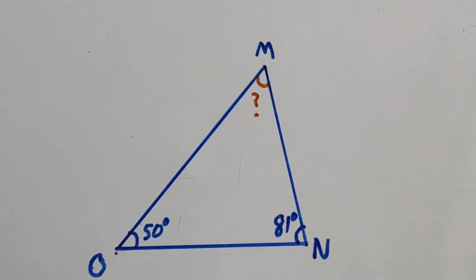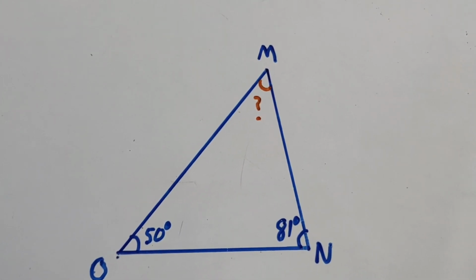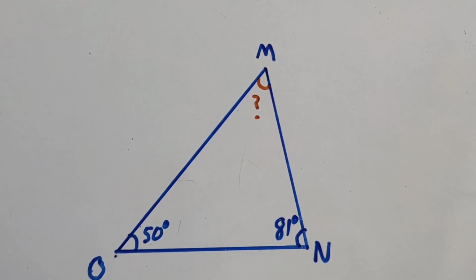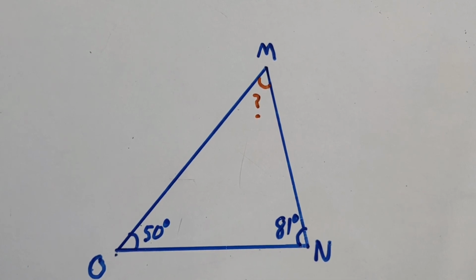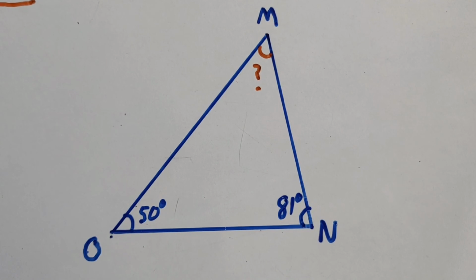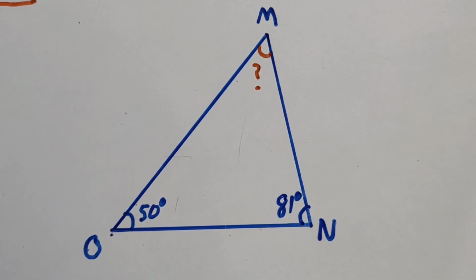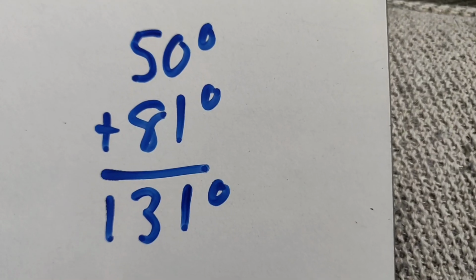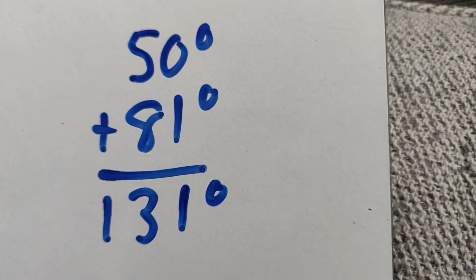So my first step is going to be to remember that all three angles together need to add up to 180 degrees. And that if I subtract the sum of the two angles that I'm already given from 180 degrees, I'll find the value of the missing angle. The sum of the two angles that I'm already given, 50 degrees plus 81 degrees, is 131 degrees.